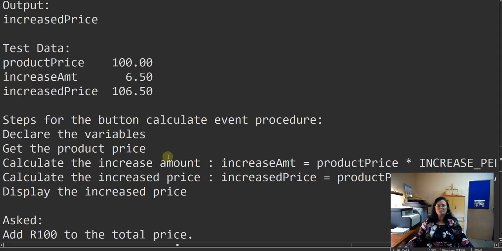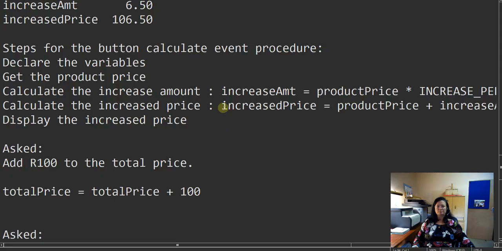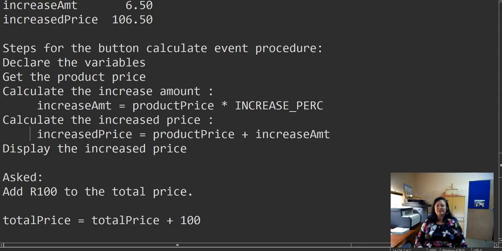So my steps for my button calculate event procedure would be declare the variables, get the product price, calculate the increased amount. So again, I'm just going to move that to a new line. Calculate the increased price and then display the increased price.